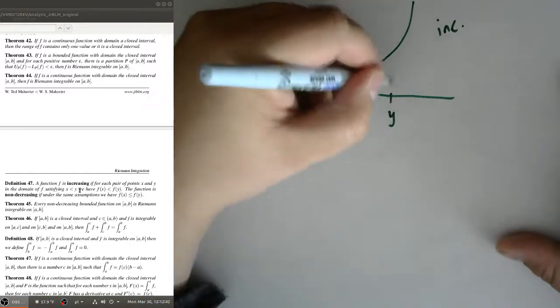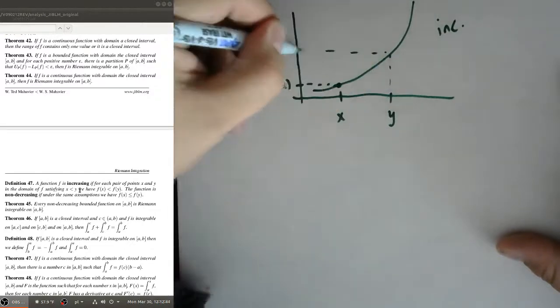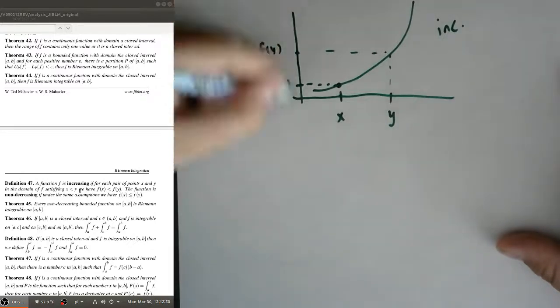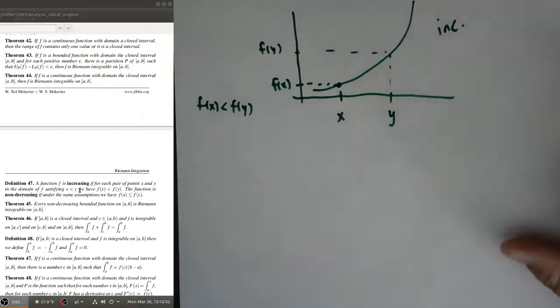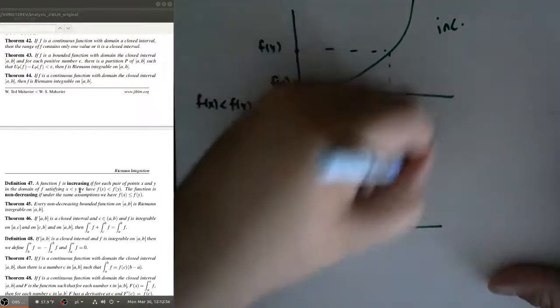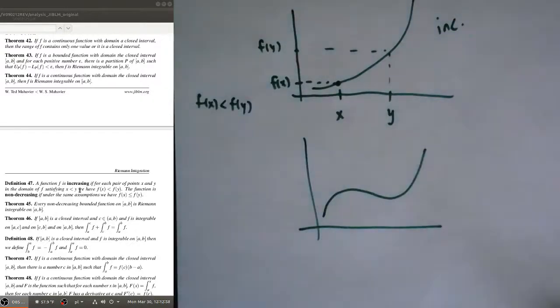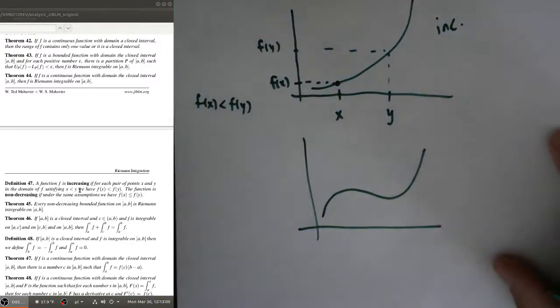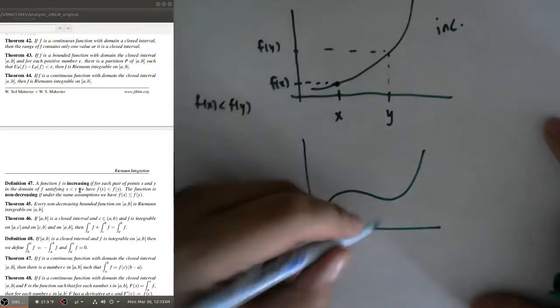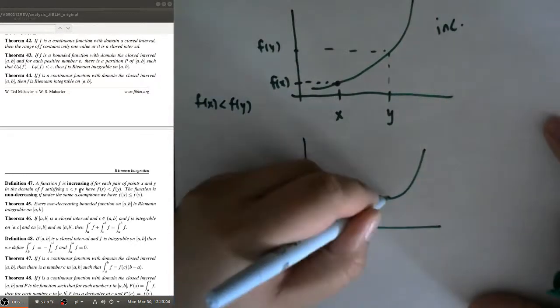Here's f of x, and here's f of y. F of x is less than f of y. It's lower on the y-axis than f of y. If I had a function that does something like this, then that violates being increasing, because I could have x less than y.